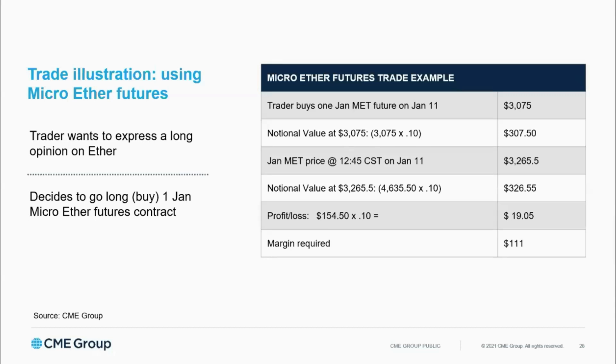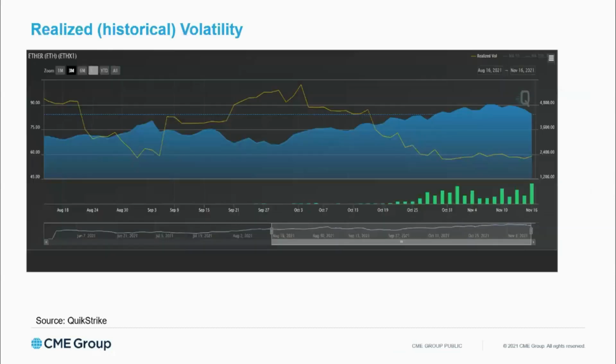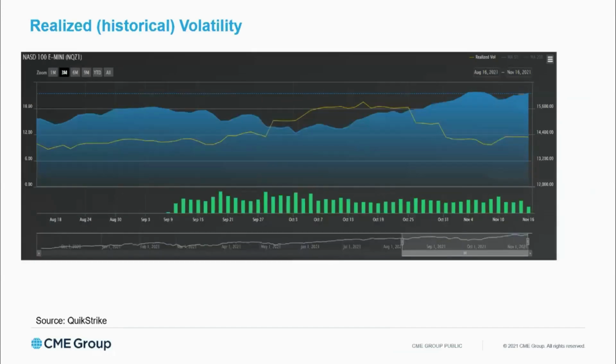But what I've been looking at recently is the range that this market has been trading in. And when you look at how volatile this market is, historical volatility in Ether is right around 60%-ish. When you look at the NASDAQ, it's trading a little under 12.